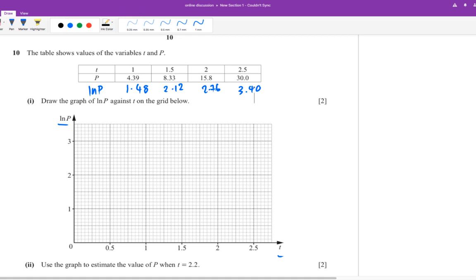Alright, then I will just plot accordingly. So t is 1 and I will get 1.48, somewhere here, close to 1.5. For the second one, 1.5, I will get 2.12.